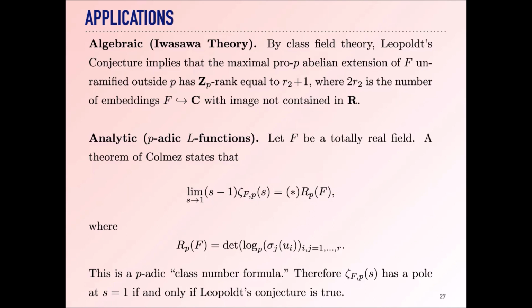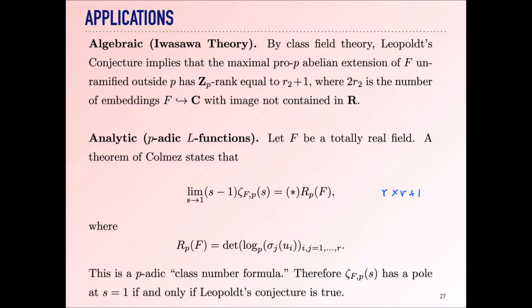And this matrix is square in this special case considered here? Well, yeah, so you do the standard thing where you eliminate. In this case, it would technically be r by r plus 1 the way that I defined it, because the unit rank of a totally real field is 1 less than the degree.